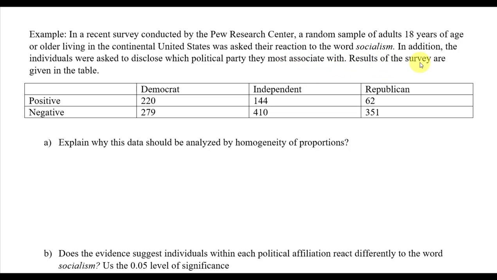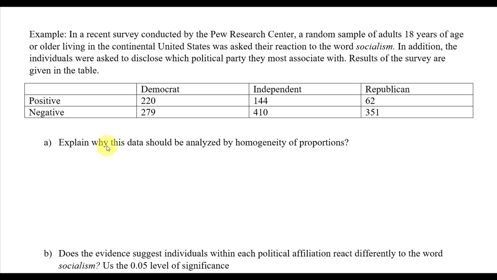The results of the survey are given in the table. So we have Democrat, Independent, and Republican parties, and there are two values here for positive and negative. This is the number of people who say that they have a positive reaction, for Democrats, Independents, Republicans, and so on.